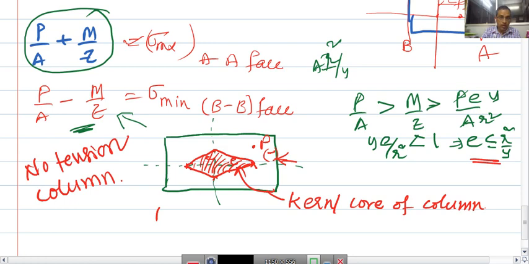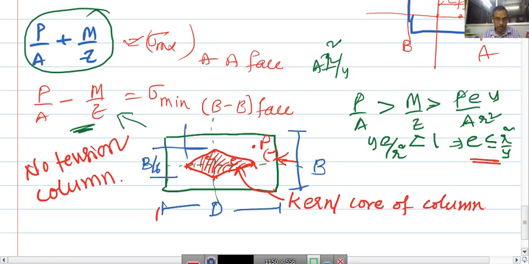As a part of that, we worked out what is this distance. Suppose this column width is your B, and this side is your D dimension. So this will be your B by 6, and this distance will be your D by 6.